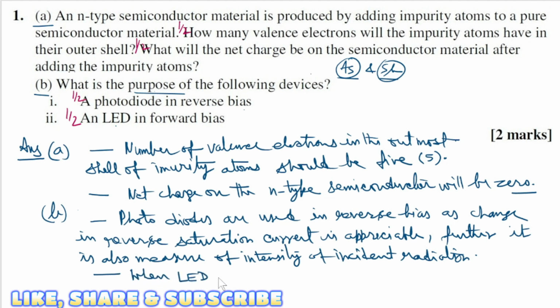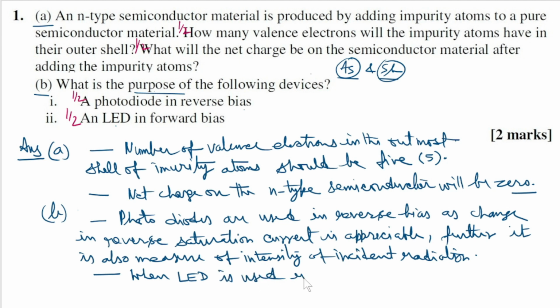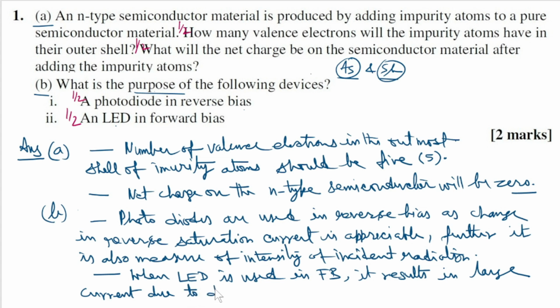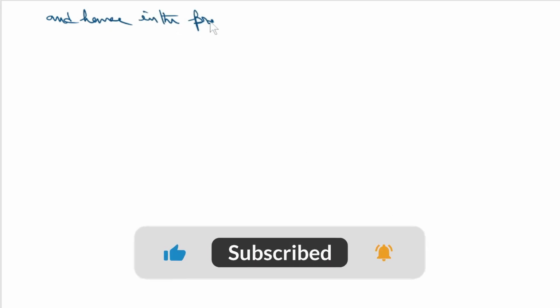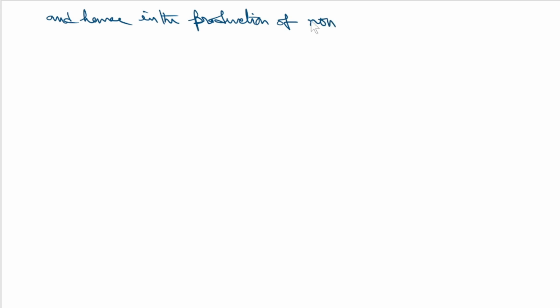When LED is used in forward bias, then it results in large current due to diffusion of majority charge carriers, and hence in the production of monochromatic radiation.